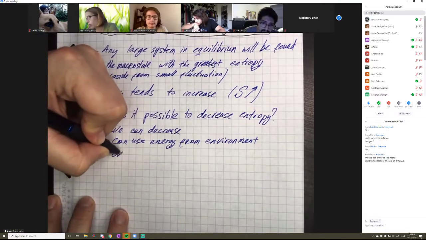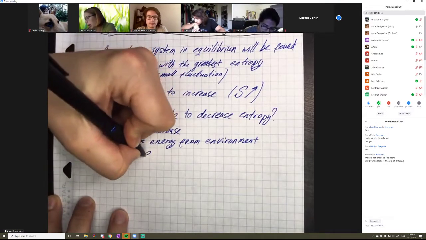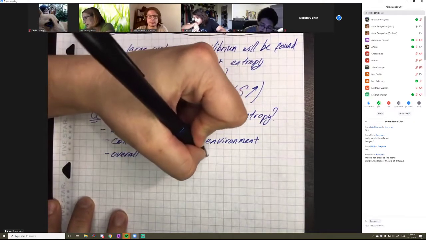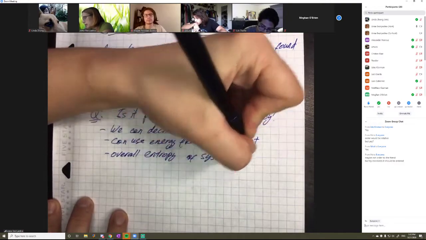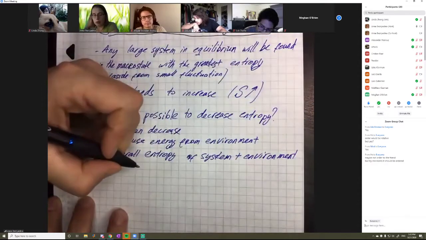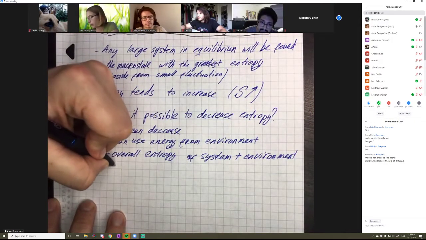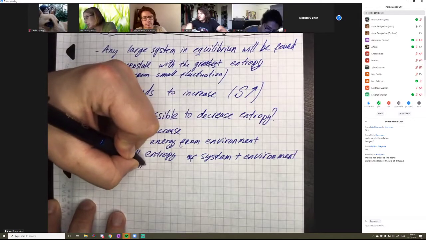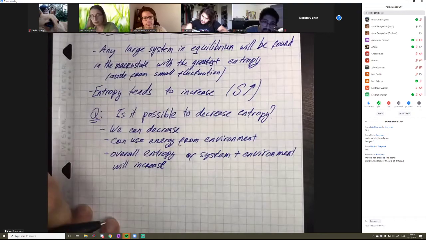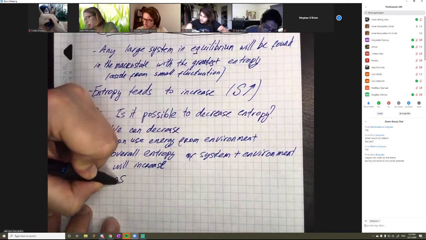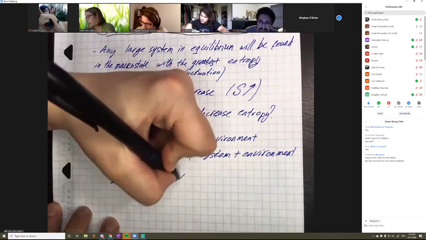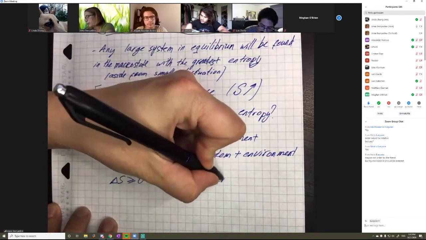But overall, the entropy of the system plus environment will increase or stay the same. We'll show later that delta S will be bigger than or equal to zero. We'll talk about this.